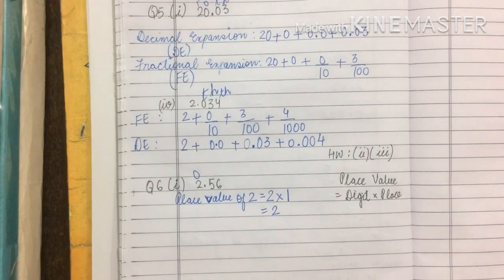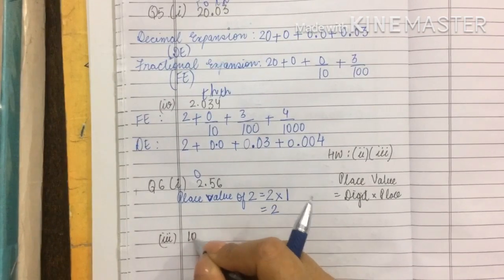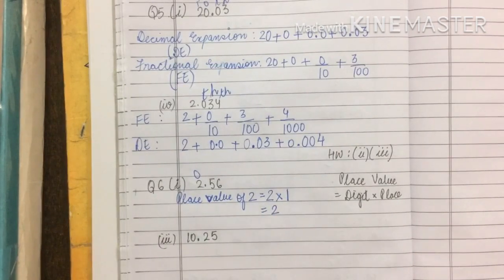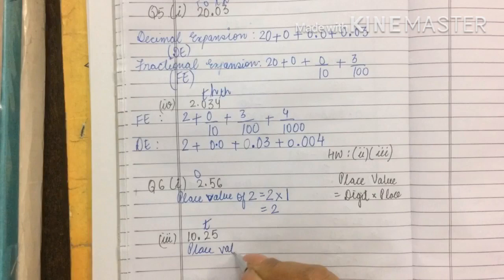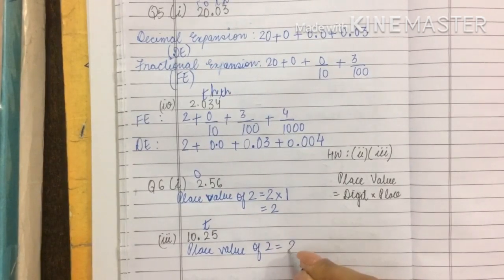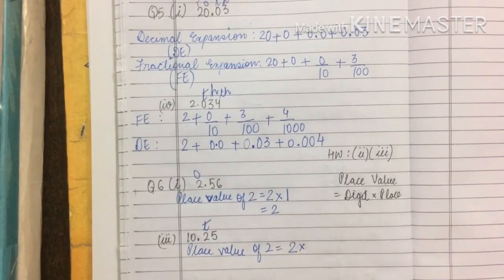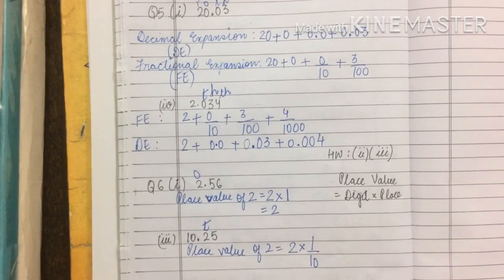Let's do third part. We have 10.25. Now 2 is at 10th place. So place value of 2. Again, 2, the digit for which I have to write down the place value, will be multiplied by the place. Place is 10th place. So 10th is represented by 1 over 10.